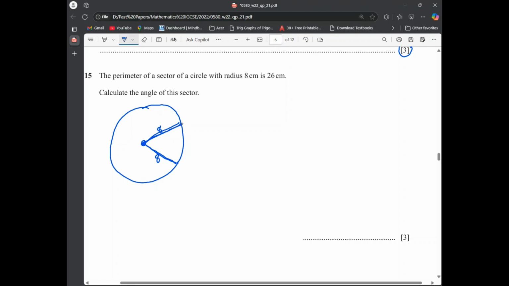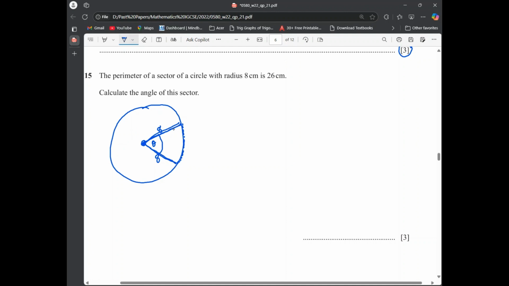Now, this we know is our arc length of that sector. We want to determine the angle. Let's call it theta. You can call it phi, beta, alpha, whatever. Let's call it theta to simplify things.